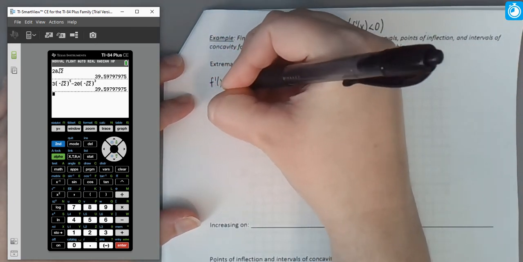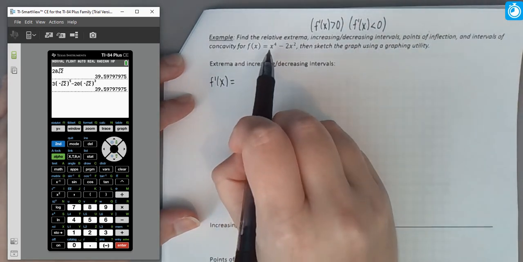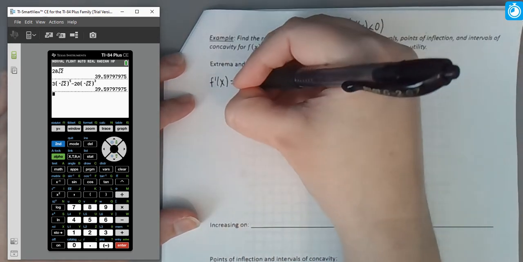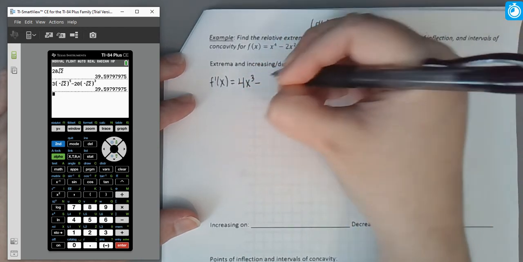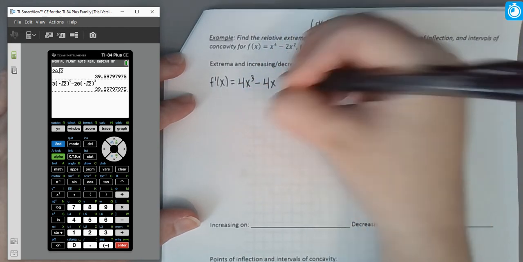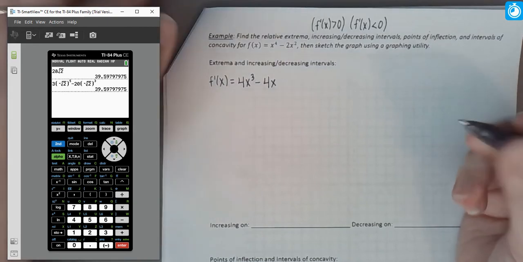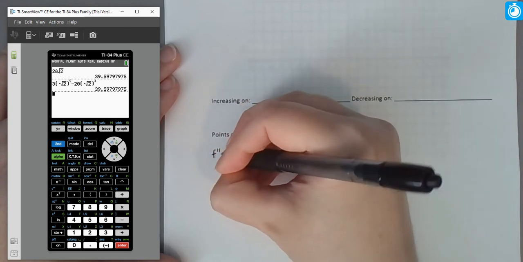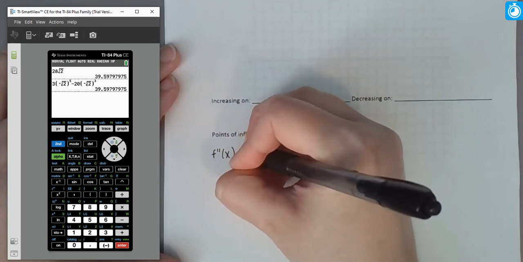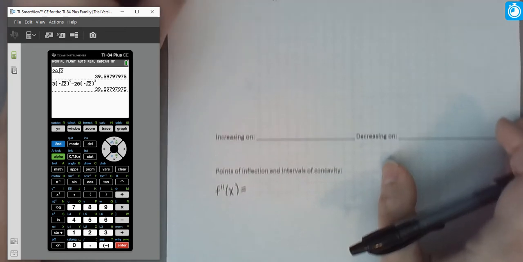So first derivative, okay, differentiate using the power rule. So 4x cubed minus 4x. And then I know I'm going to need the second derivative down here, so let's go ahead and take the second derivative as well in order to get those points of inflection, the intervals for concavity.